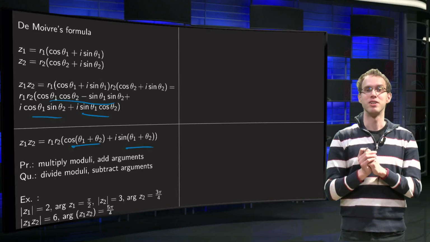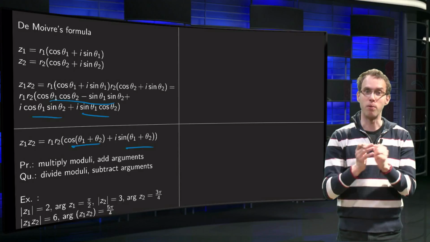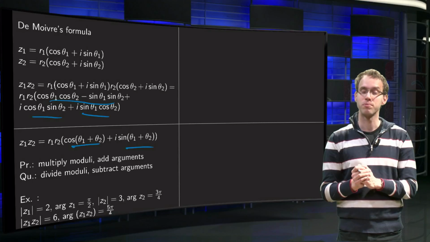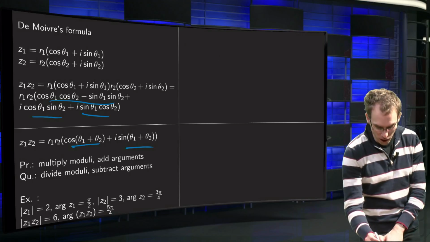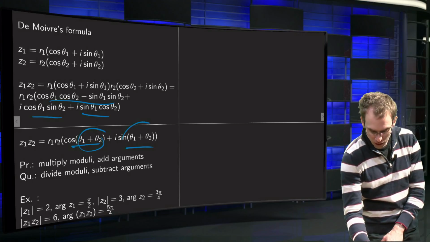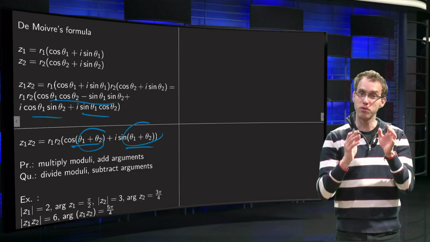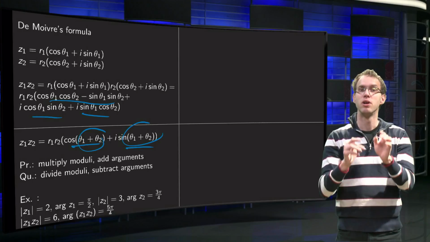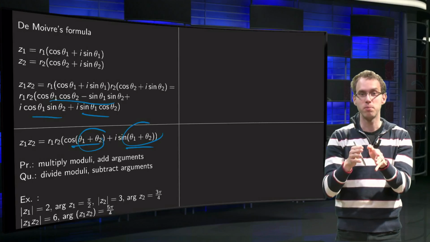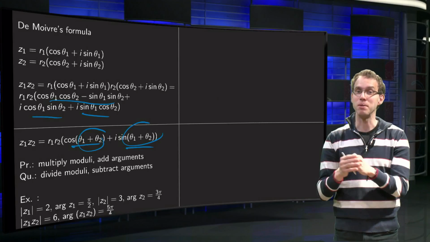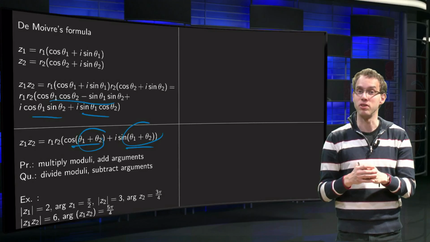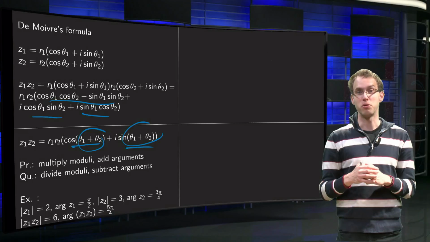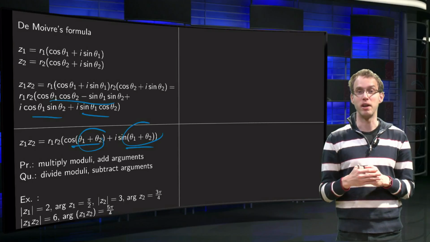The product z1 times z2 has as new modulus r1 times r2, and has as new argument the sum of the arguments, because it's of the form r1 times r2 times, between brackets, the cosine of theta 1 plus theta 2 plus i times the sine of theta 1 plus theta 2.